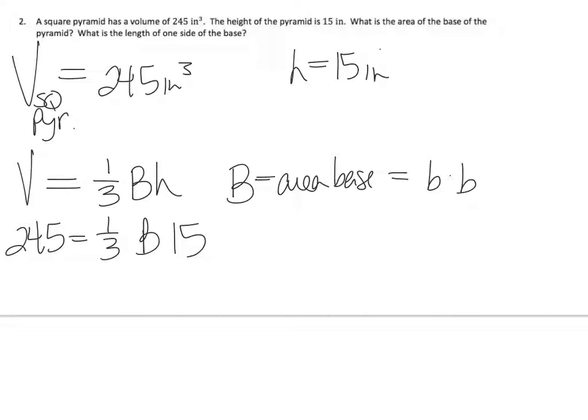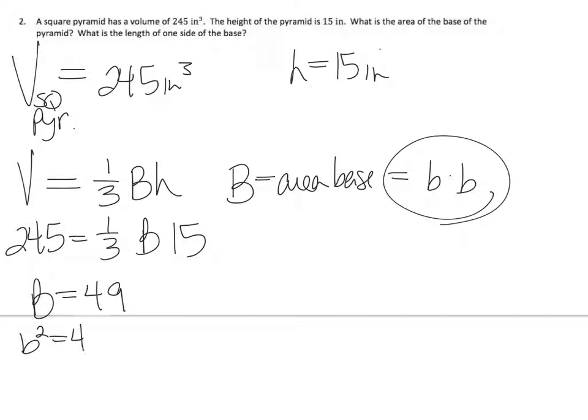So let's go ahead and solve this. 245 divide by 1/3 and divide by 15. I got big B is 49. Big B is little b times little b, so b squared is 49. So one side of the square base is 7 inches.